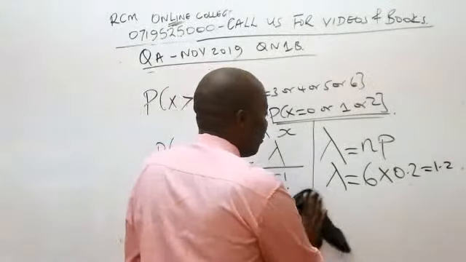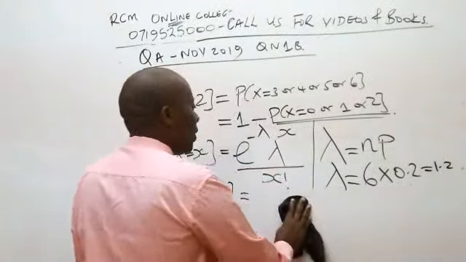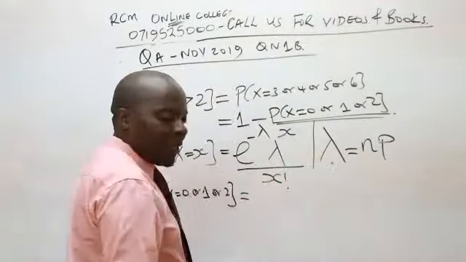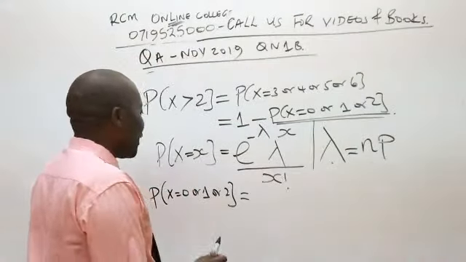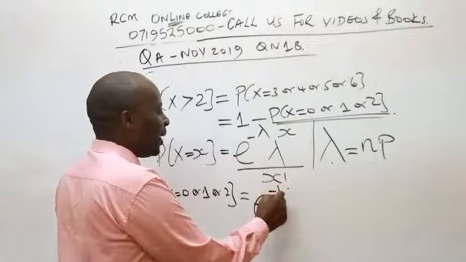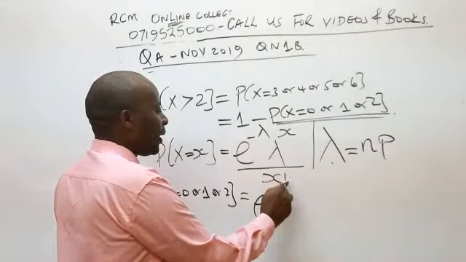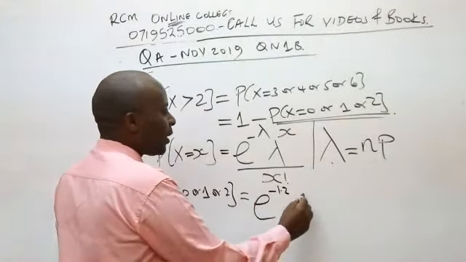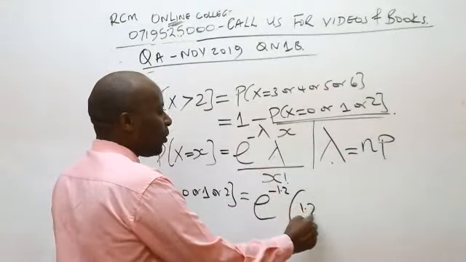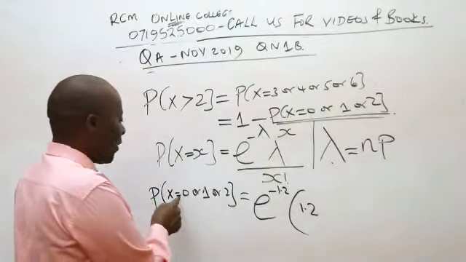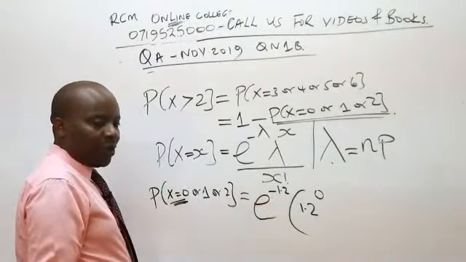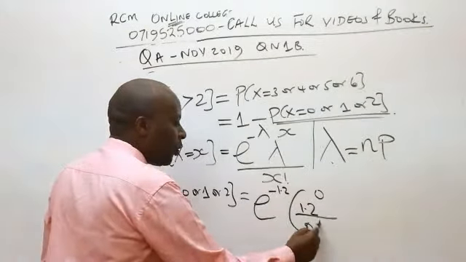Once I have my mean, I hope you have taken this down, now I will be able to get this. So I'll come and factor out e raised to negative lambda, times, lambda here is 1.2 raised to the first x figure, which is 0, all over 0 factorial.